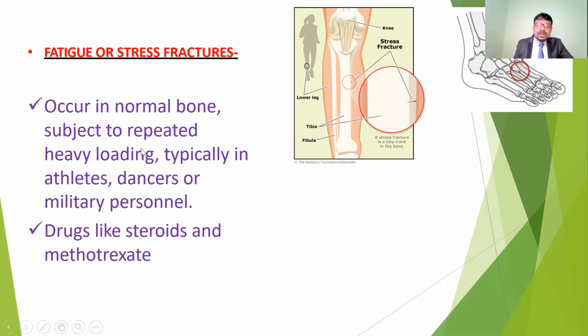It occurs in normal bone subject to repeated heavy loading, typically in athletes, dancers, and military personnel, who practice dance vigorously or participate in sports activities. If the stress happens in the same place, it may give a fracture. These fractures are called stress fractures, also called fatigue fractures.